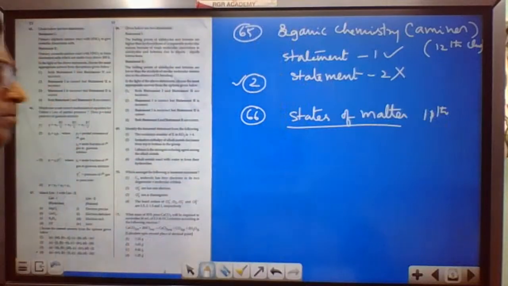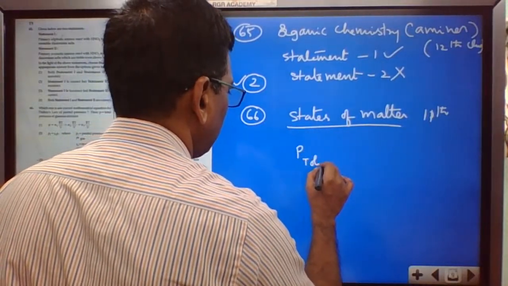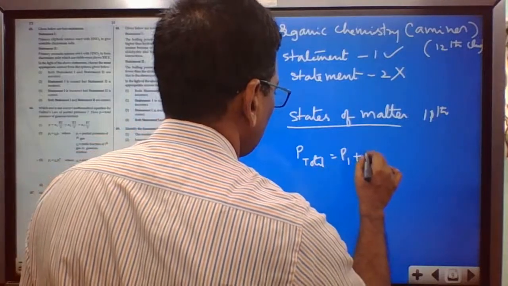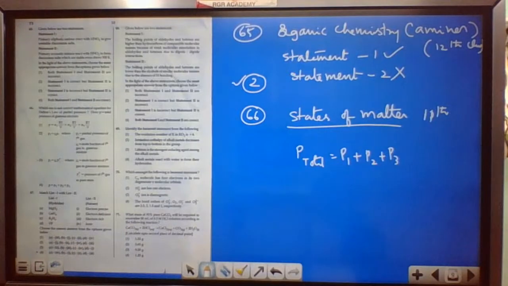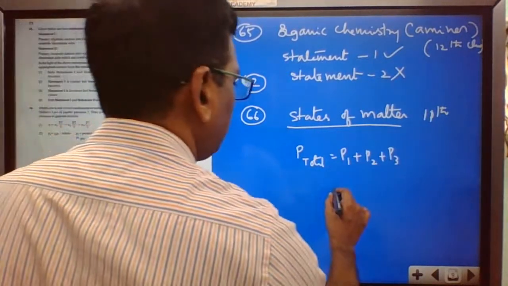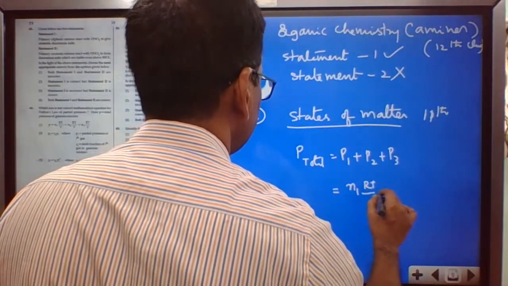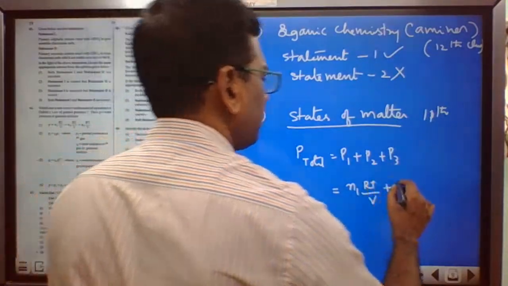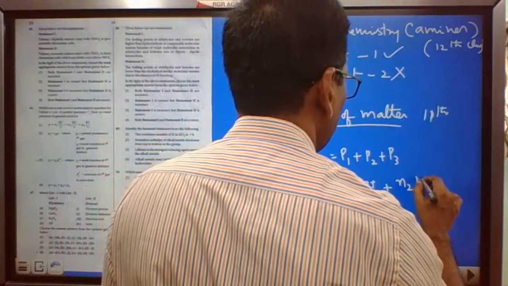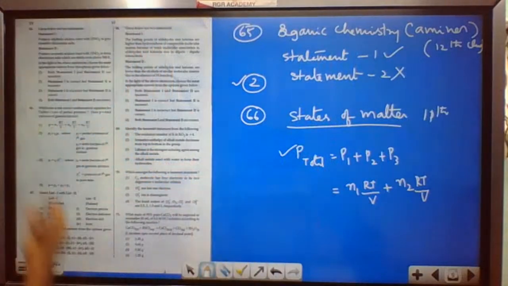According to Dalton's law of partial pressure, P total is equal to P1 plus P2 plus P3, the sum of the partial pressures of individual gases. So P1 can be written as n1RT by V. Yes, they gave the correct one. The partial pressure of gas 2 can be written as n2RT by V. Correct only. So the first option is correct.